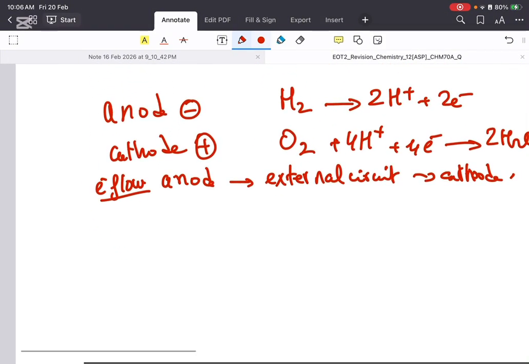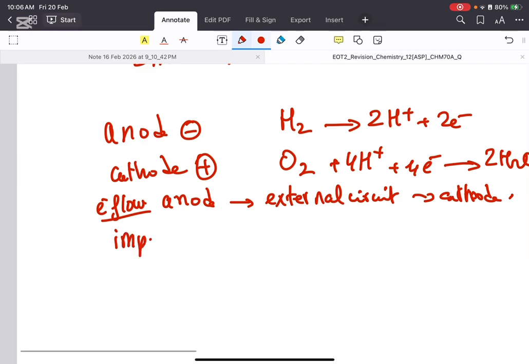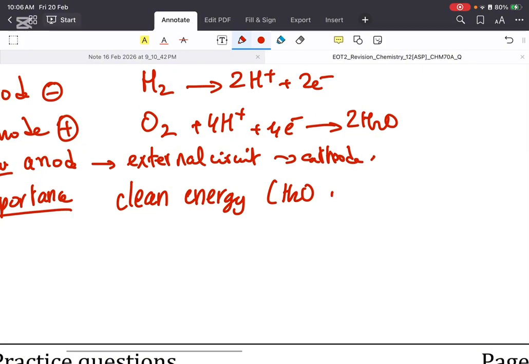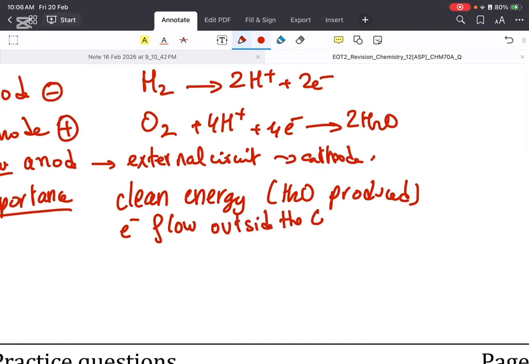So the importance of the hydrogen fuel cell is that this is a battery that gives me energy, like a car that operates on hydrogen fuel cell. It's clean energy. Only water is produced, and water is safe. The electrons flow outside the cell of the hydrogen fuel cell.